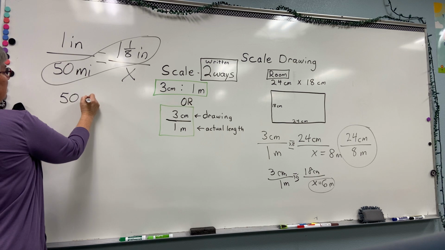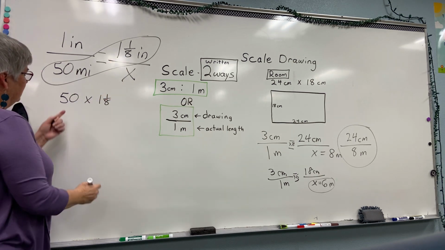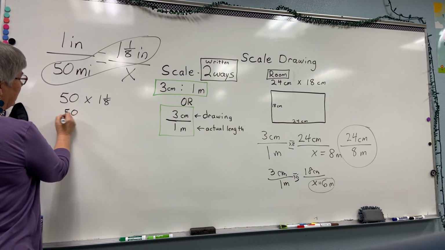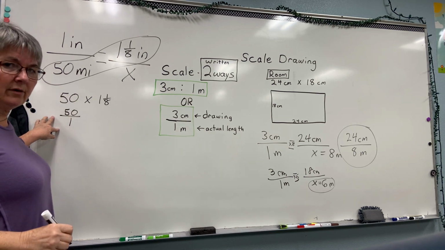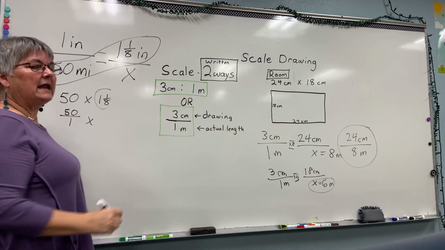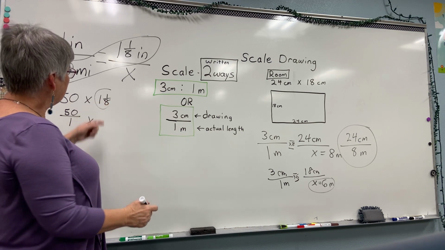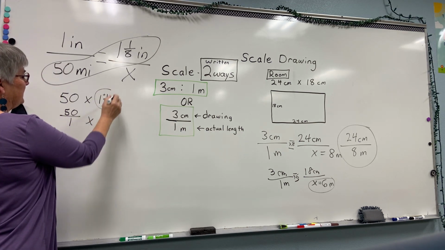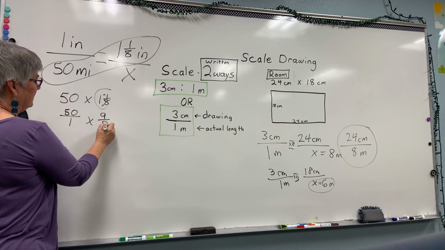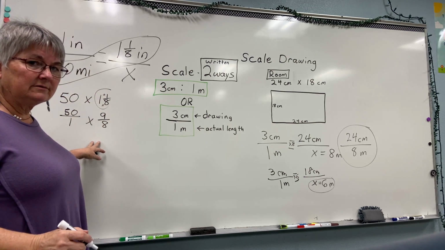50 times 1 1/8. Well, I make this into a rational number, into a fraction, and I have to get this into an improper fraction. Do you remember that? So 1 times 8 is 8, plus 1 is 9, 9/8. Now you should be writing all of this down.